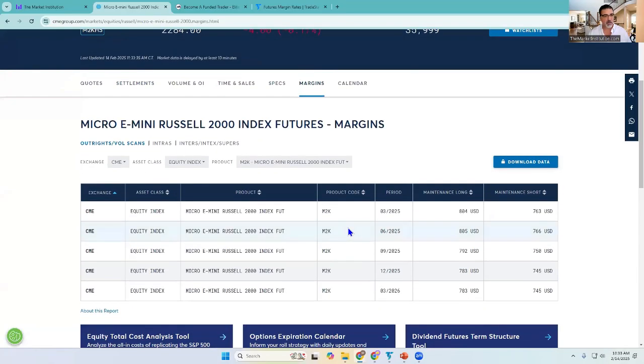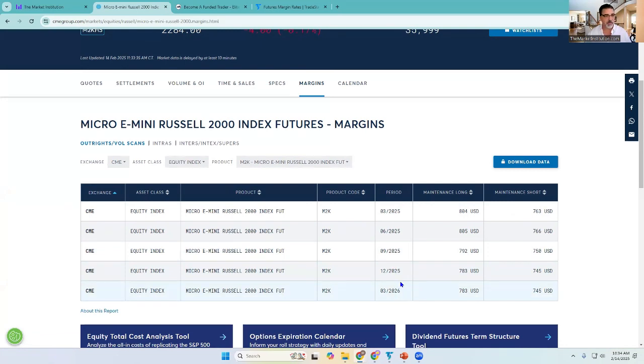CME Group requires, and we're looking at the front month, the March contract. You got the June contract, the September, and the December, and you can go all the way out one year to March of 26. So there's often multiple contracts on one product trading at the same time.